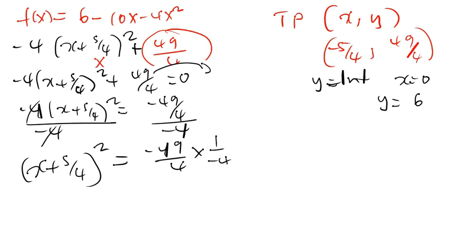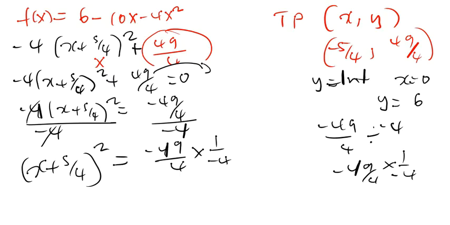I have not changed anything here in case you are confused. If I put division here, it's the same as I put division there. So it is negative 49 over 4 times 1 over negative 4. We're talking about this 4 here. You understand?